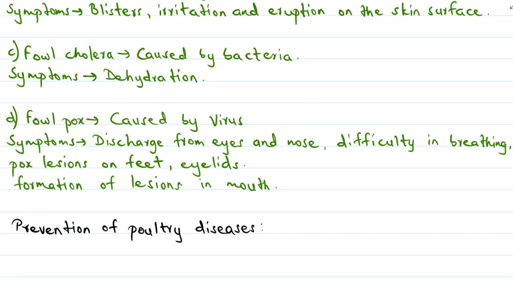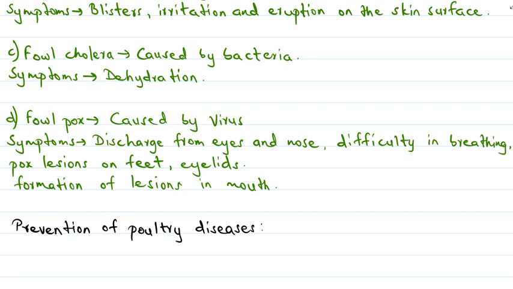There is a requirement of proper cleaning, sanitation and spraying of disinfectants at regular intervals for the prevention of diseases. This is the primary requirement for preventing diseases. Apart from this, they require appropriate vaccination to prevent the occurrence of infectious diseases and to reduce the loss of poultry during an outbreak of disease.